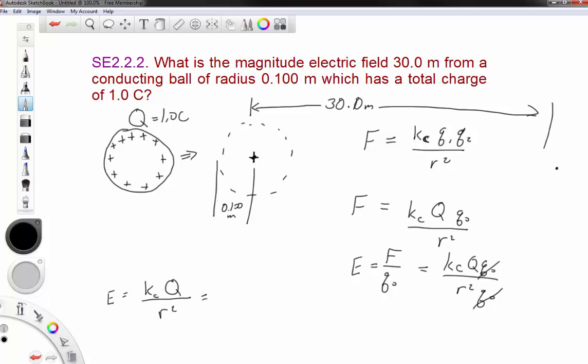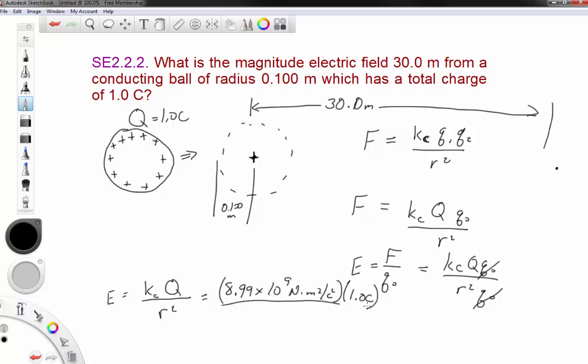If you'll recall, Coulomb's constant K is equal to 8.99 times 10 to the 9 newton meters squared per coulomb squared. The big Q, the charge of the source, was given as 1.0 coulomb.